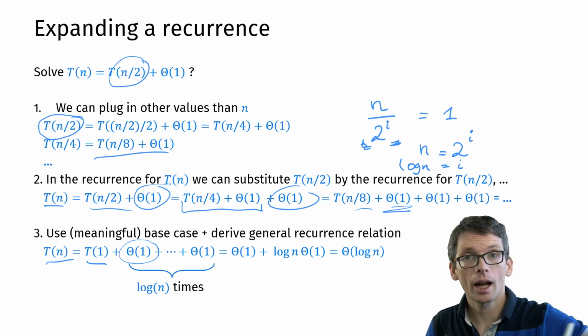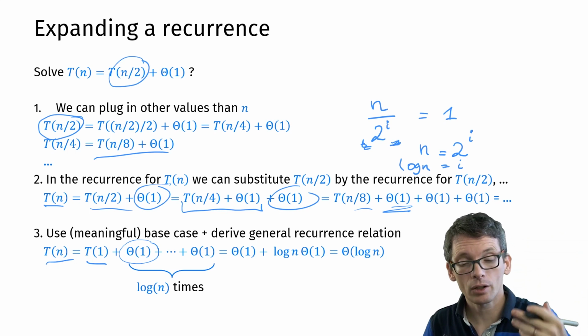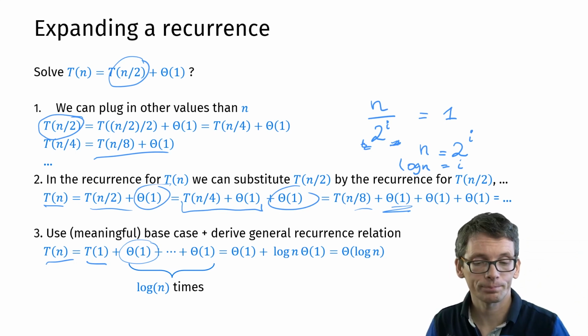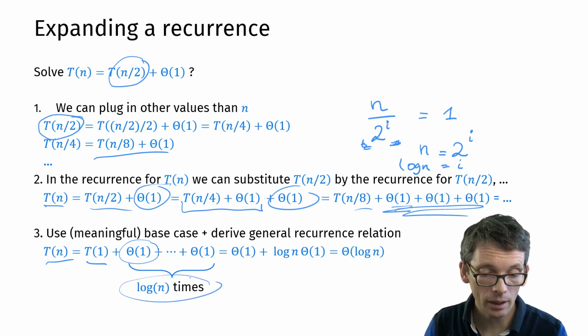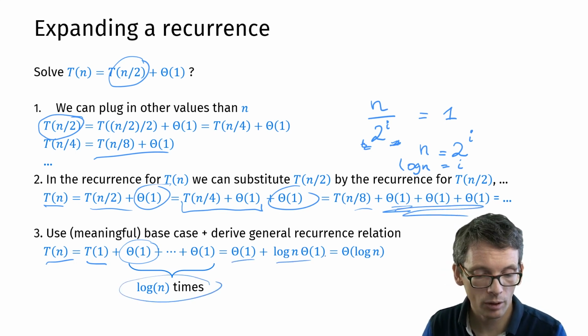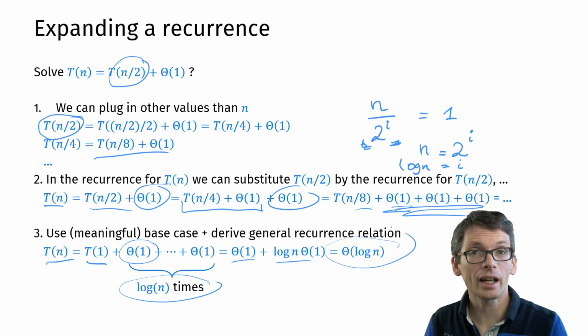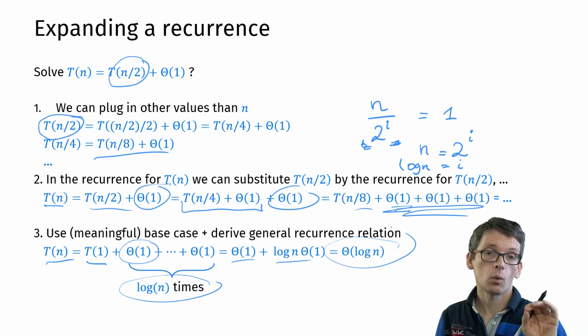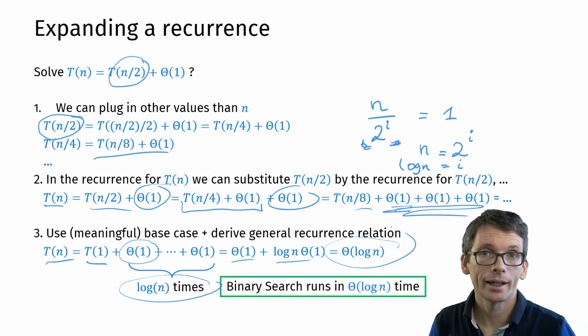Meaning that after log n iterations of expanding, I hit T of 1. So the number of terms here is actually log n many. So I get theta of 1 plus log n theta of 1s, which is theta of log n. And now we know that binary search runs in theta of log n time.